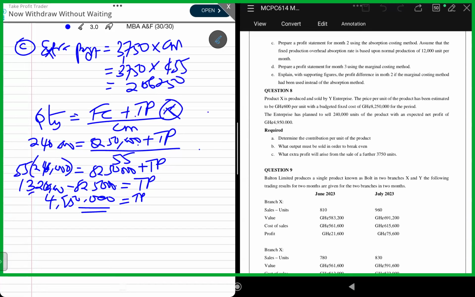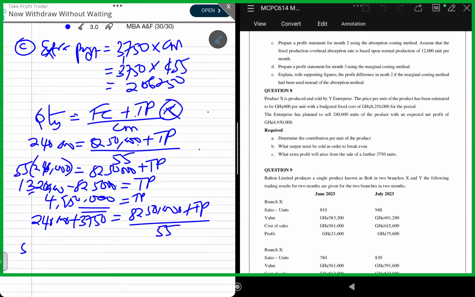So this 240,000 here, I'll make it 240,000 plus the extra 3,750 equals the 8,250,000 plus the target profits, all divided by the contribution margin of 55.